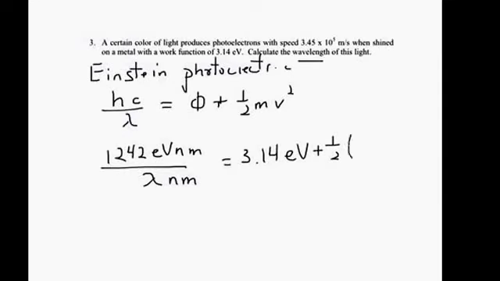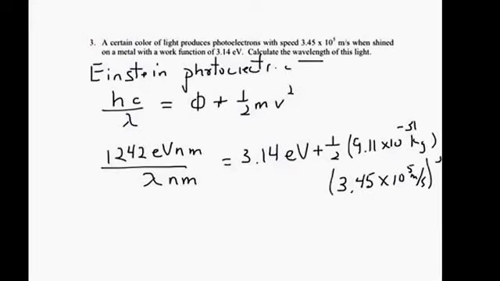This is the mass of an electron, which is 9.11 times 10 to the negative 31 kilograms, times our velocity, which is 3.45 times 10 to the 5th meters per second. And I need to square that, because that's 1/2 mv squared.